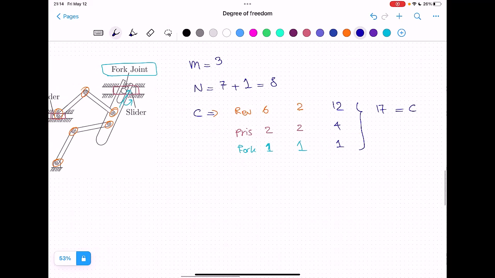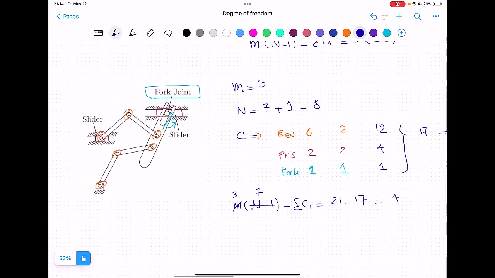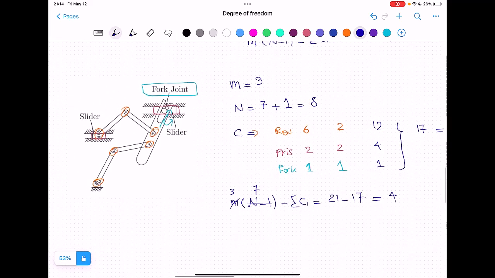So we want to write the equation. 21 minus 17 is equal to 4. Okay, so in this mechanism, we have 4 degrees of freedom.